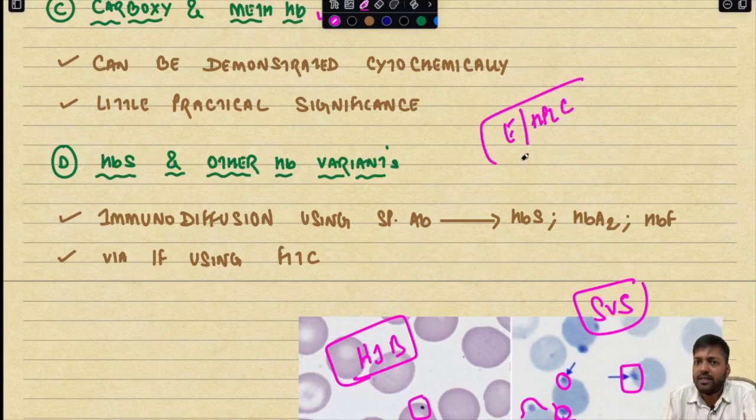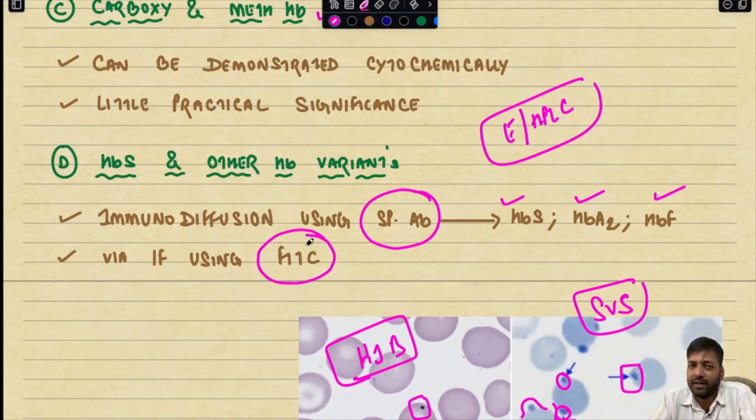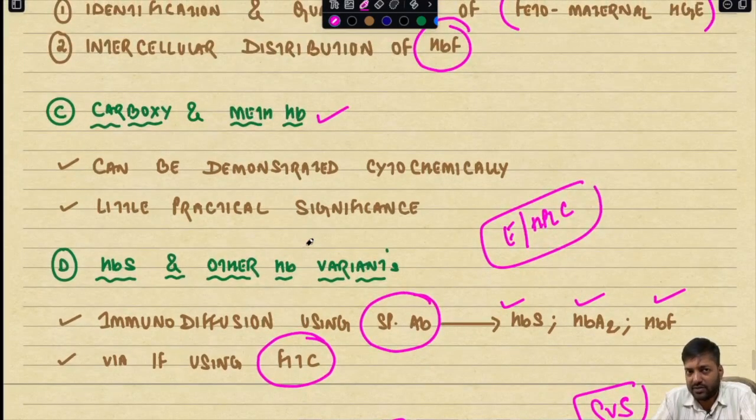Right now we are not using this method, but if anyone asks, immunodiffusion techniques using specific antibodies can be used to detect HbS, HbA2 and HbF, and via immunofluorescence using FITC stain, you can also detect hemoglobin S and other variants, but these are not of practical significance. I have just mentioned them to complete the list.